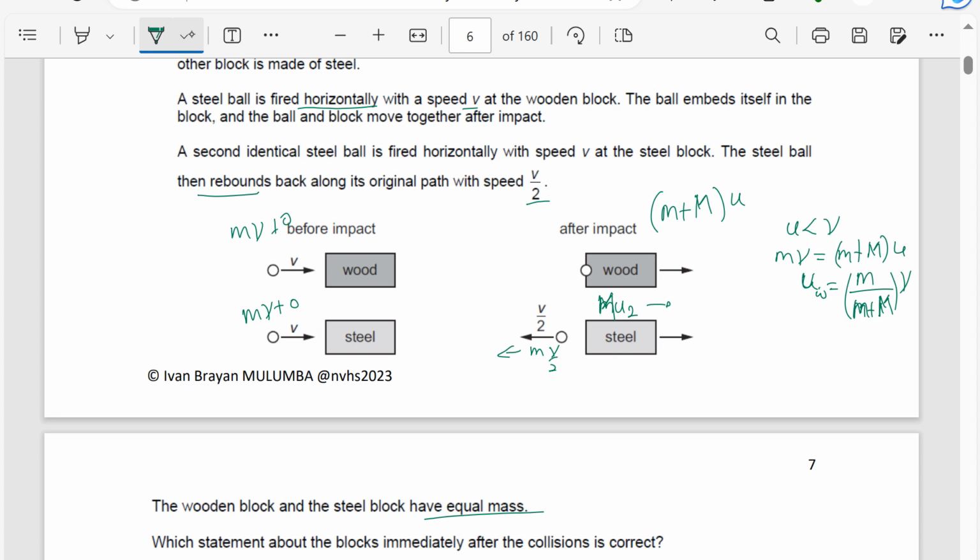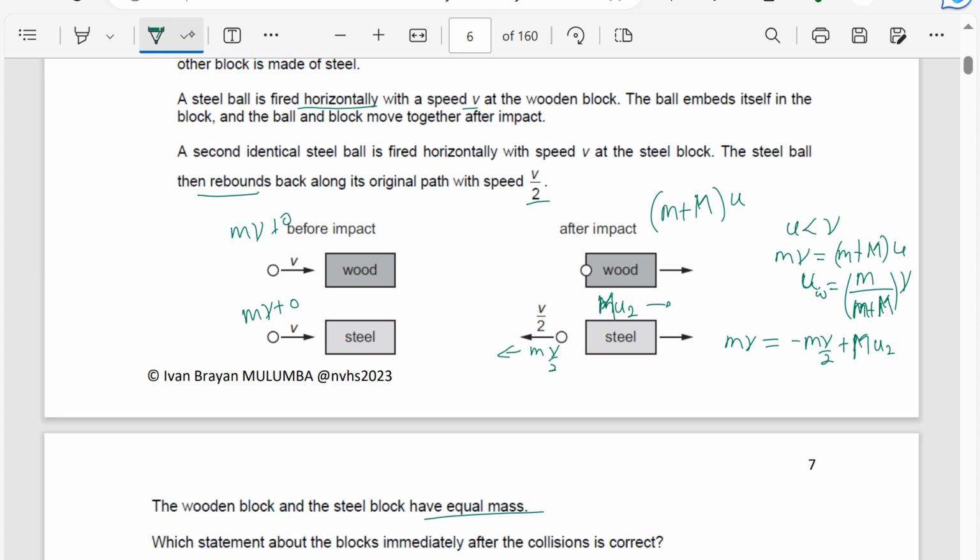So combining the two equations, we shall have mv, the total momentum before collision, equal to negative mv over 2 plus capital M u2. That is the total momentum after. One is negative, one is in the same original direction.